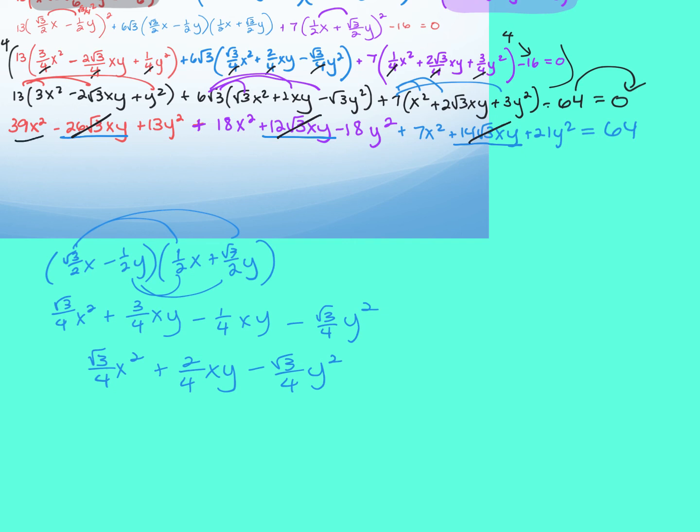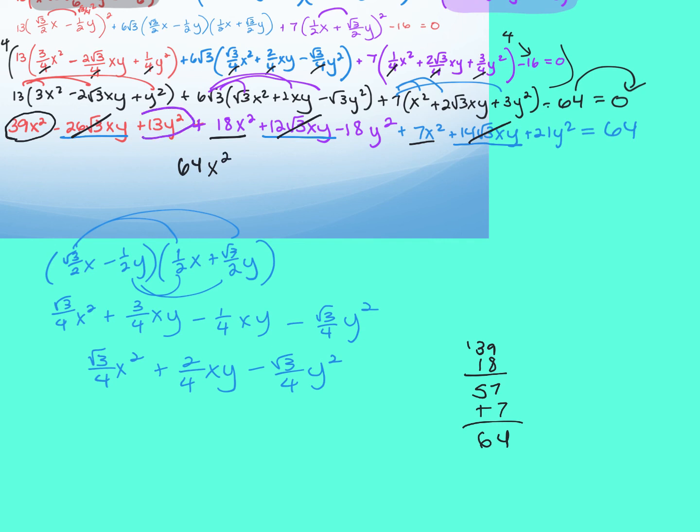Now I group together all my x squareds, so 39 plus 18 plus 7, 64x squared.